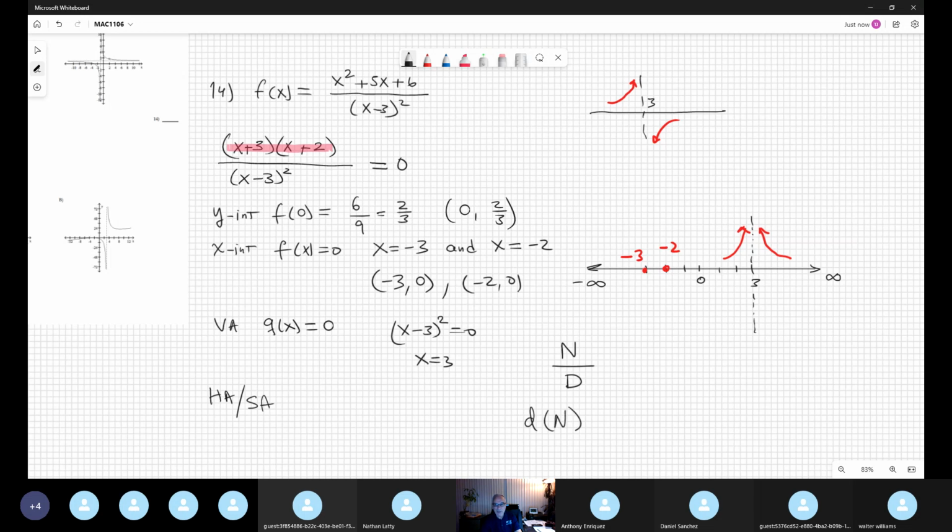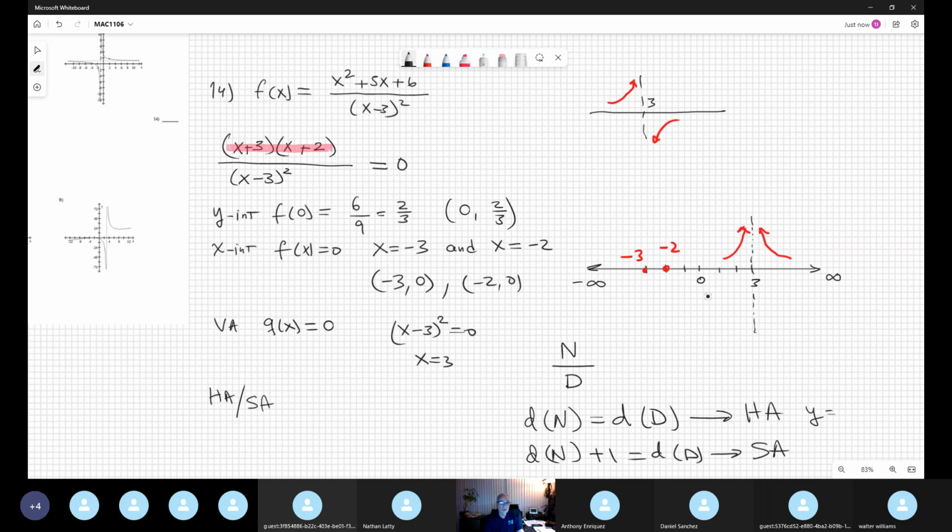When the degree of the numerator is equal to the degree of the denominator, yes, we have horizontal, with y equal to the division of the leading coefficients. Slant we have when the degree of the numerator plus 1 is equal to the degree of the denominator. So suppose the degree of the denominator is 2 and the degree of the numerator is 3. Yes, we have a slant. Otherwise, no.